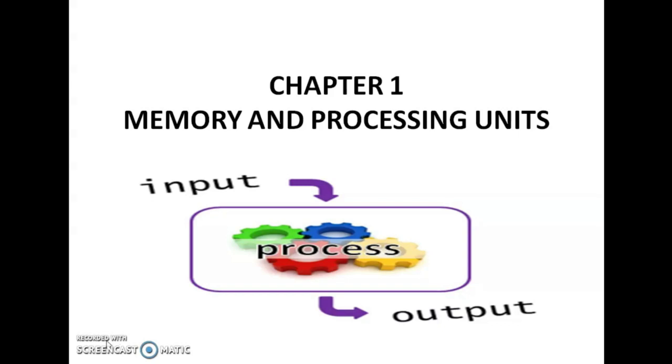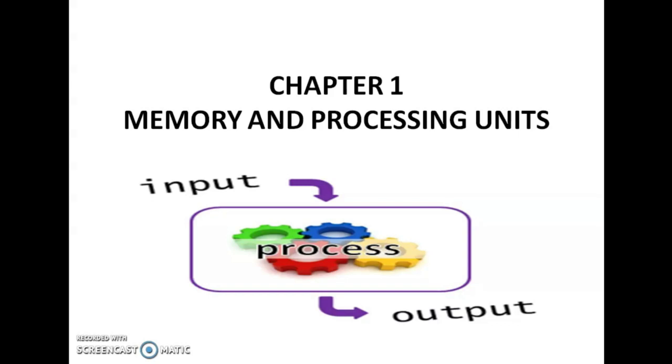So, you have learned that data is a set of characters and instructions that we give to the computer as input. So, here you can see a picture of the input, process, output cycle. Here input is the data that we are giving to the computer.